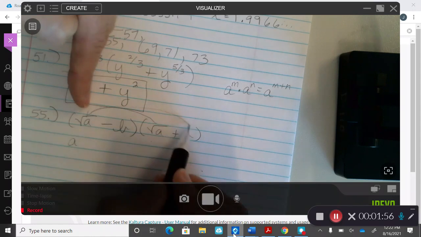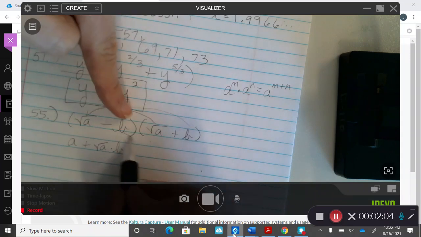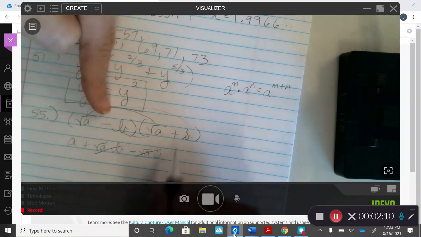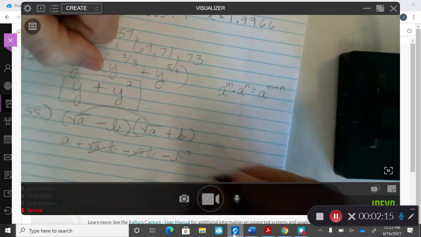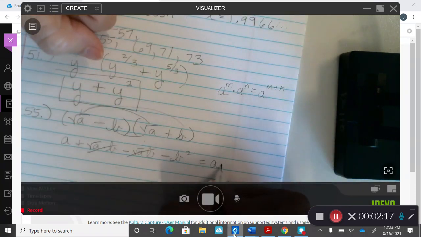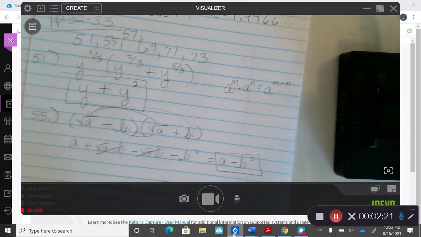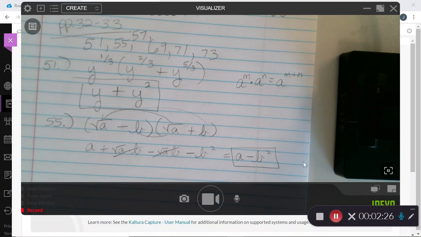The outer would be plus square root of a times b, right? The inner minus square root of a times b. So they're canceling, right? Minus b times b, b squared. A minus b squared. Feel good about that? Just a little bit weird.